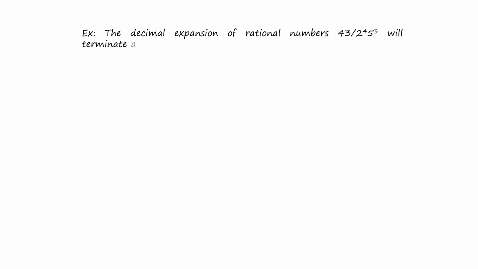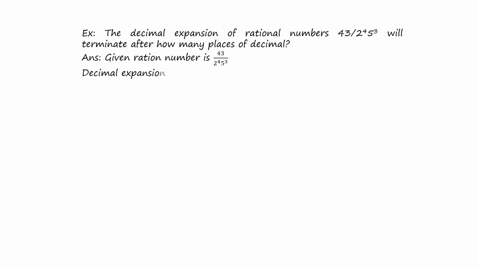The decimal expansion of the rational number 43 by 2 to the power 4, 5 to the power 3 will terminate after how many places of decimal? So the given number is 43 by 2 to the power 4 into 5 to the power 3. It can be written as 43 by 2 to the power 4, 5 to the power 3 into 5 by 5.